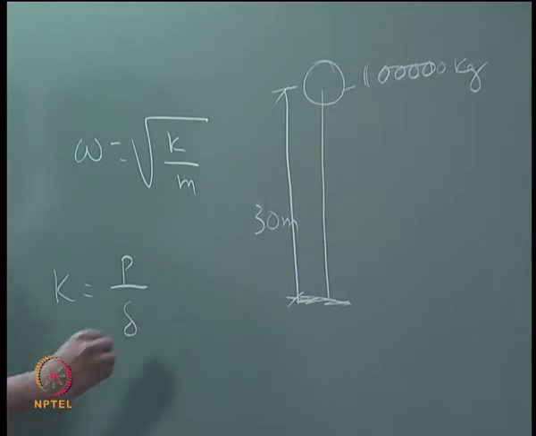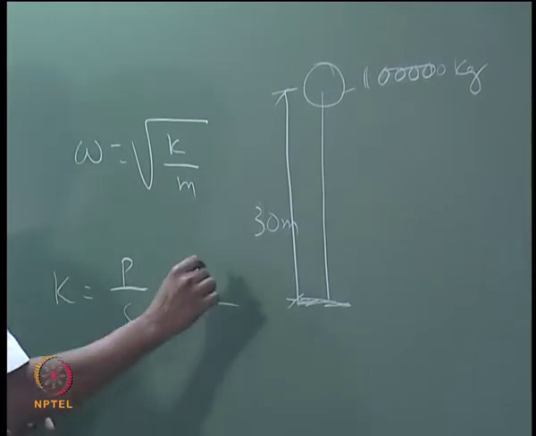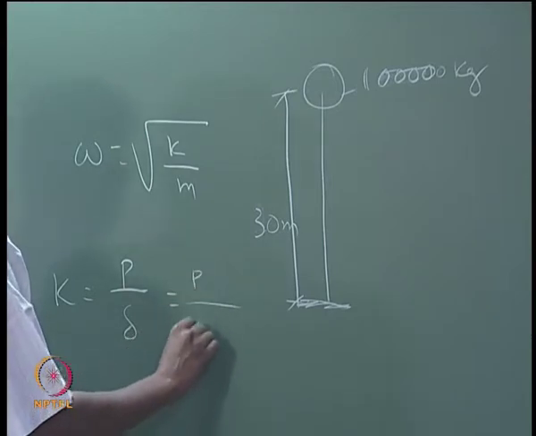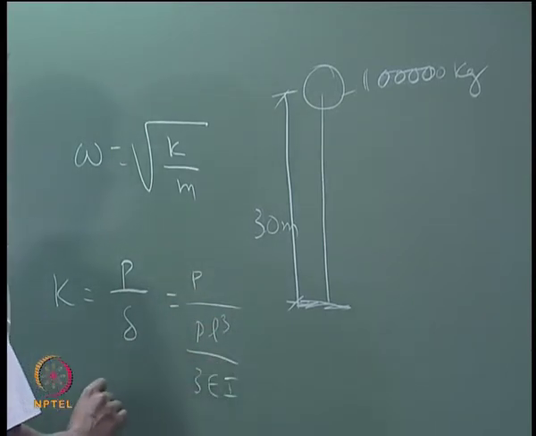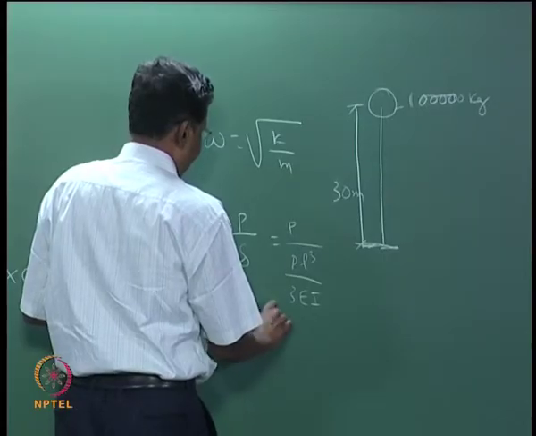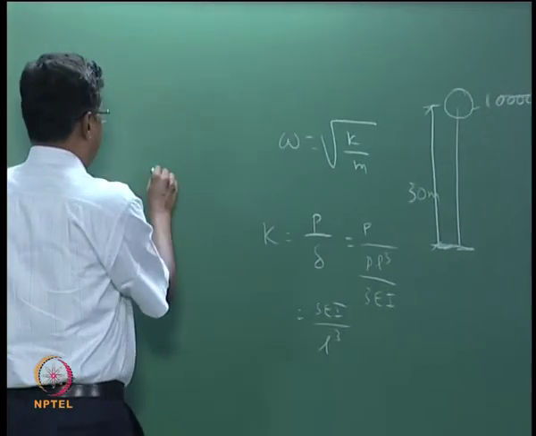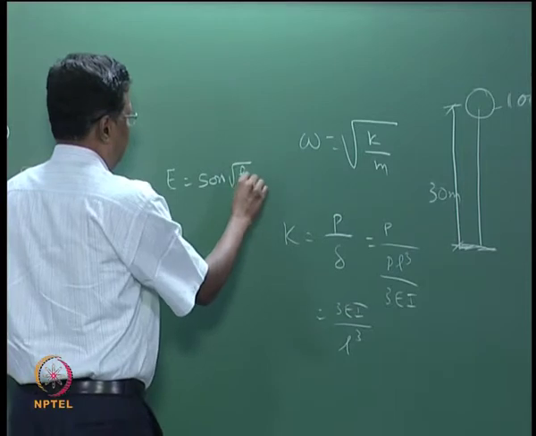I will assume unit load divided by delta. What will be the deflection for a cantilever? PL cube by 3EI. So, K will be 3EI by L cube. What is E? 5000 root of fck.